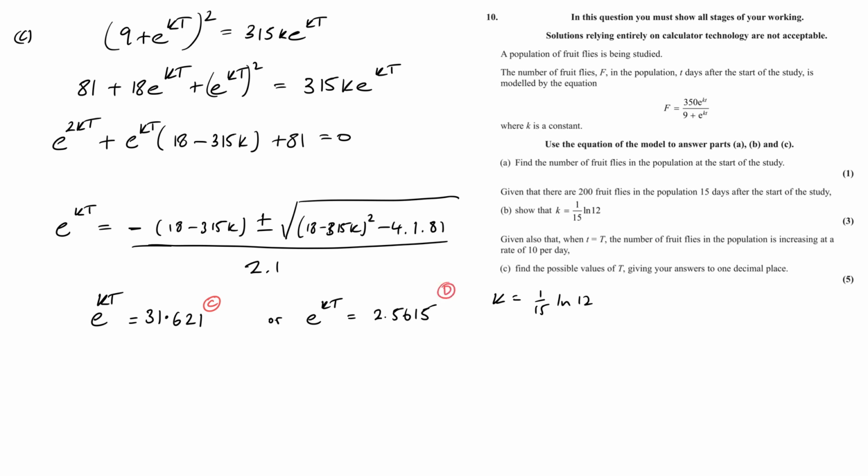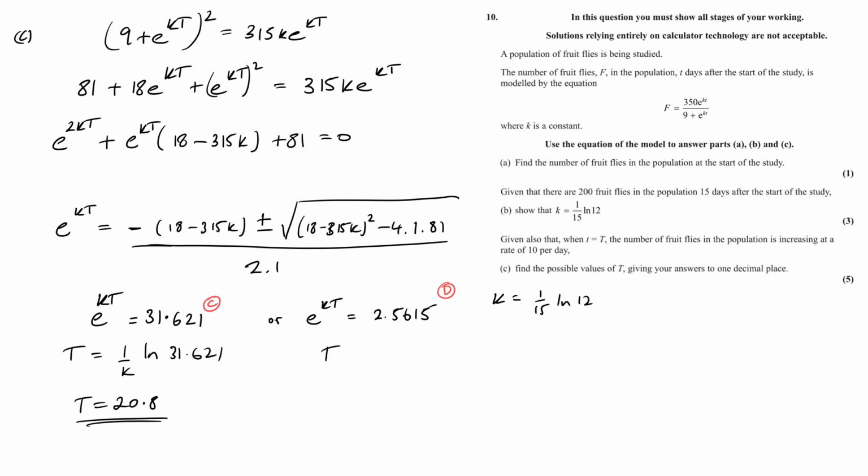Now how am I going to do this? Well, kT is equal to ln of this, so t equals ln 31.621 divided by k, and that gives my first answer here as 20.8.